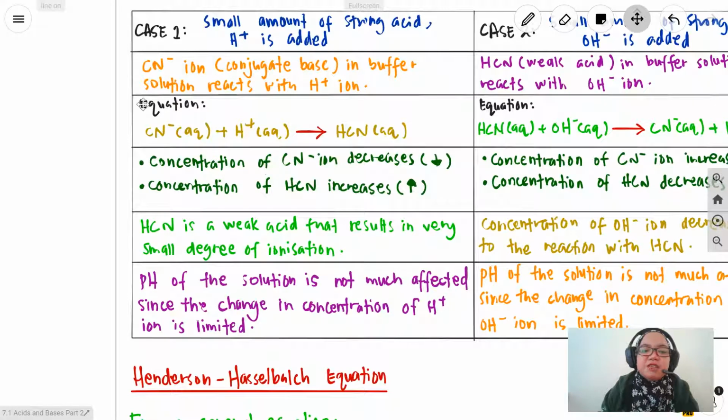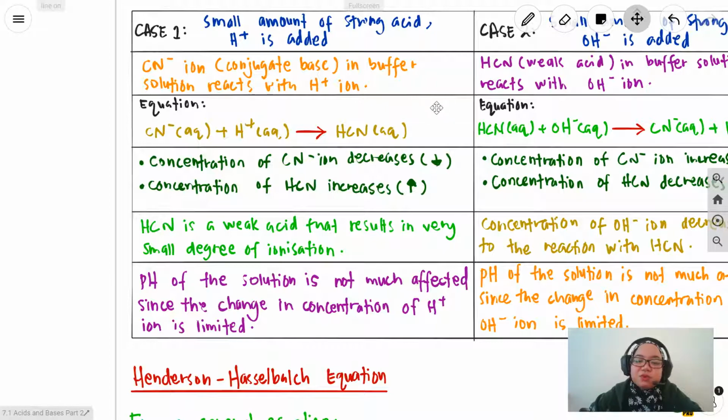The concentration of CN minus decreases and the concentration of HCN increases. But since HCN is a weak acid, it will only have a very small degree of ionization. Since the degree of ionization is very small, the pH of the solution will not be much affected, since the change in concentration of H plus is limited. It is just a little, so there is no effect on the pH.